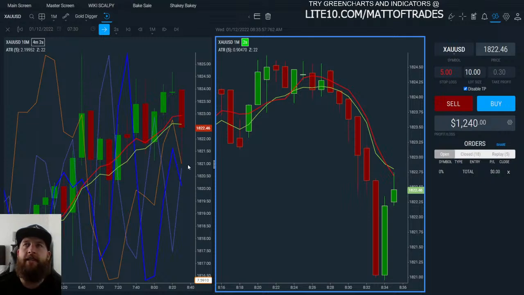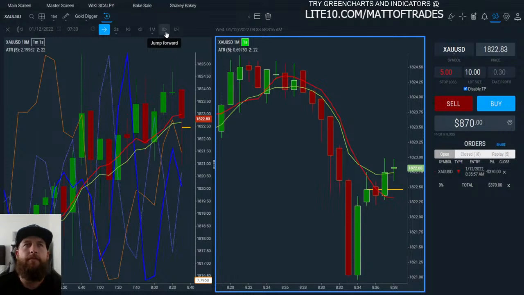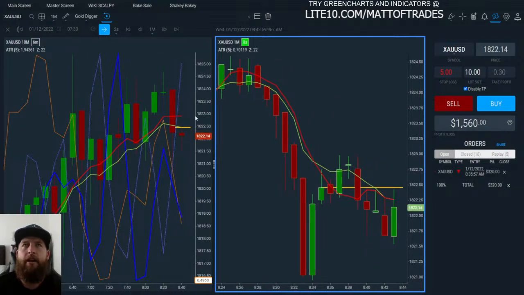And TNT lines are still telling me to keep going down, so we'll take another sell here. Okay, getting out right there as well. Still going down.